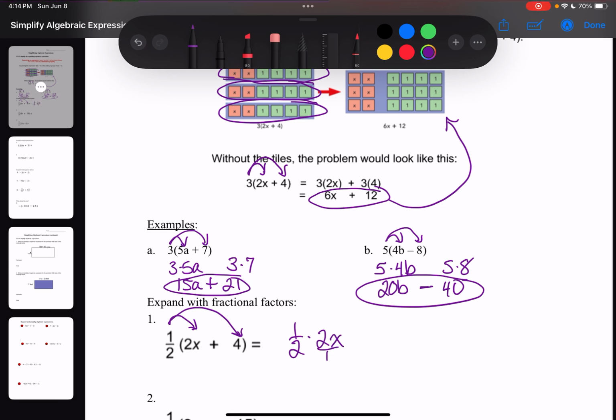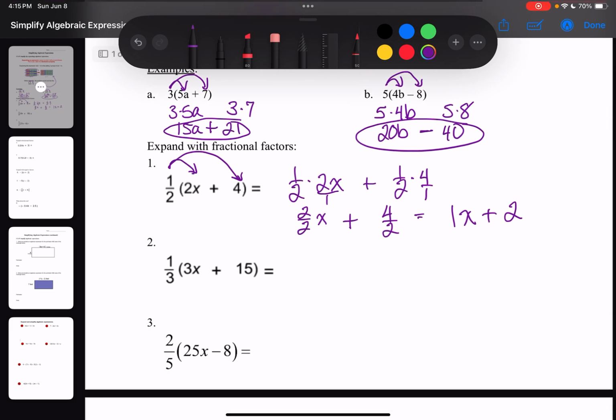Top times top and bottom times bottom gives you 2 over 2x or 1x, and 1/2 times 4, you can think of it as 1/2 of 4, or top times top, bottom times bottom gives you 4 over 2. And again, we're going to keep that plus sign in the middle. This will simplify to 1x, or just x, plus 2. Go ahead and try the two other fractional ones below.